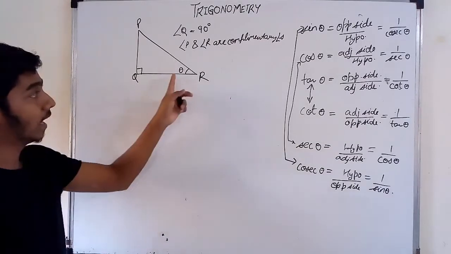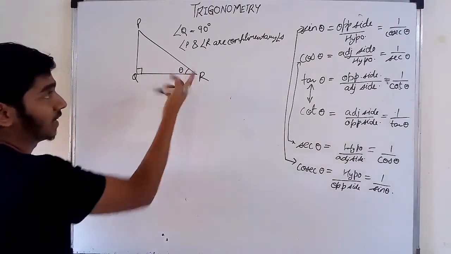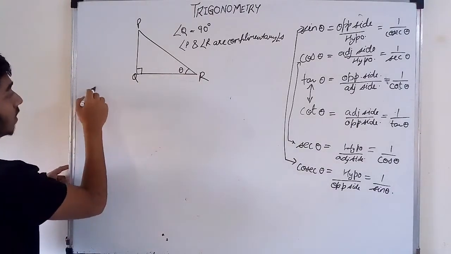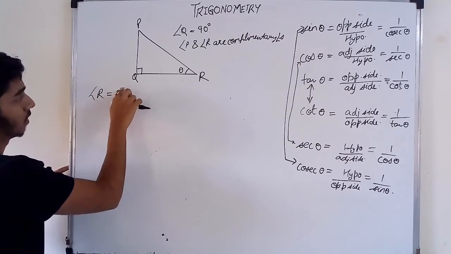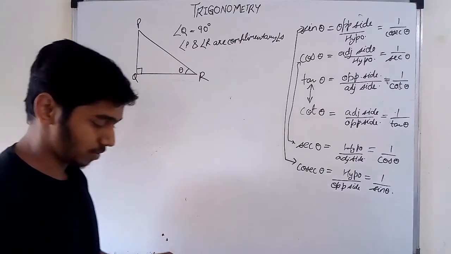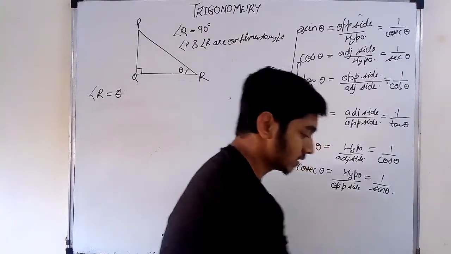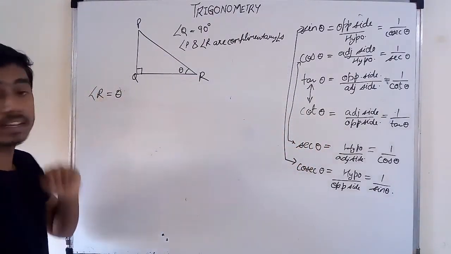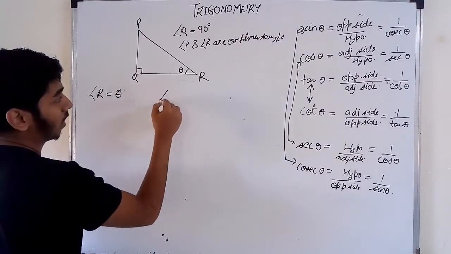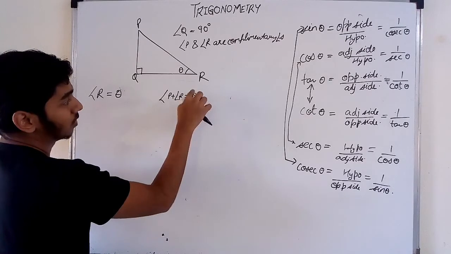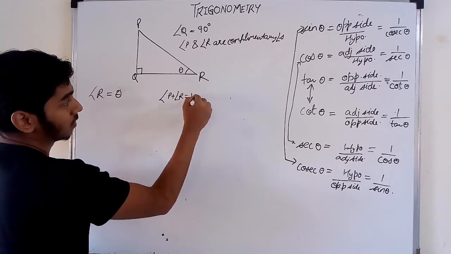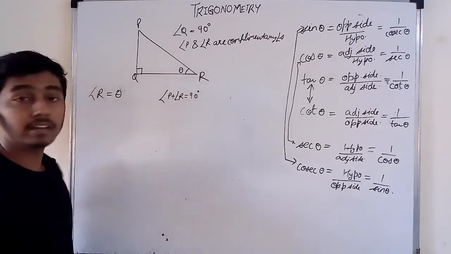Now let us see. If I take theta as R, I'm saying angle R is equal to theta. If that is the case, we know that angle P plus angle R equal to 90 degree.